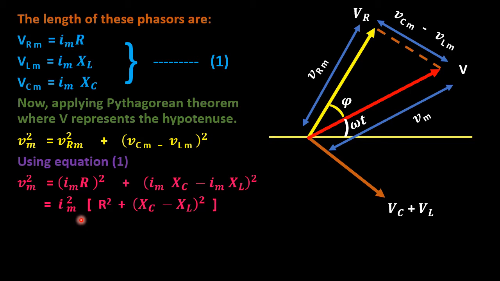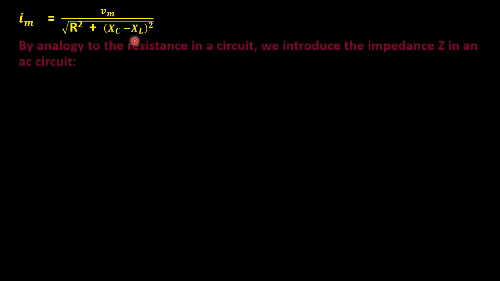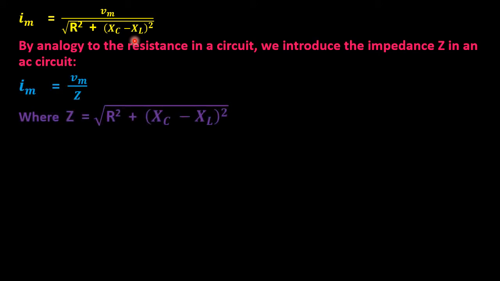And then rearranging, there is no square for the term within the bracket, so we put the square root symbol, and cancelling the square from both sides, we get Im equals Vm by under root R square plus (XC minus XL) whole square. Now we compare this equation with current equals voltage by resistance, and the term in the denominator is analogous to the resistance. Due to this reason, we call this impedance, and it will be represented by Z. We can write Im equals Vm by Z, where Z equals under root R square plus (XC minus XL) whole square.